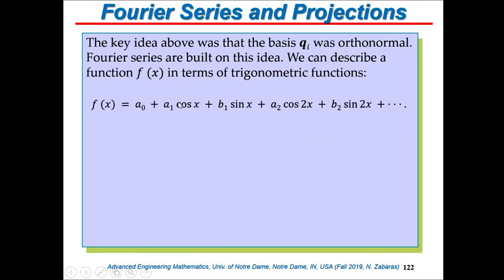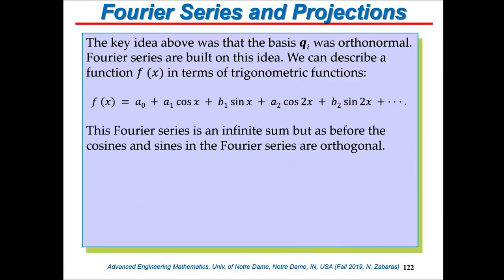And here's an example. If you have a function f of x, you can write it in an eigenbasis that consists of the functions 1, cosine of x, sine of x, cosine of 2x, sine of 2x. This is what we call a Fourier series. And the basis functions that you use to define the basis here are really orthogonal.